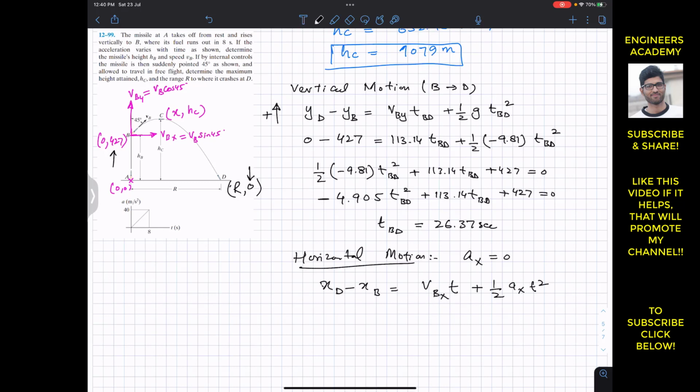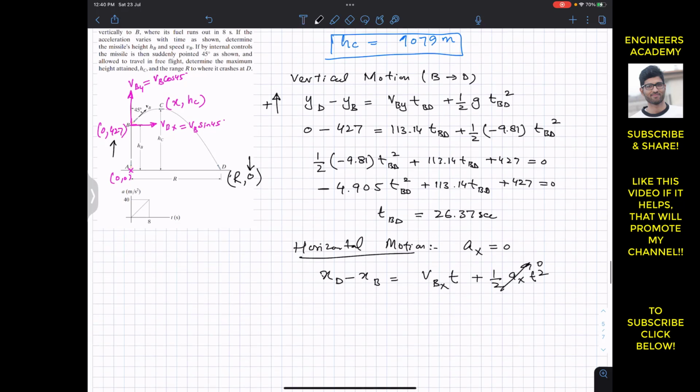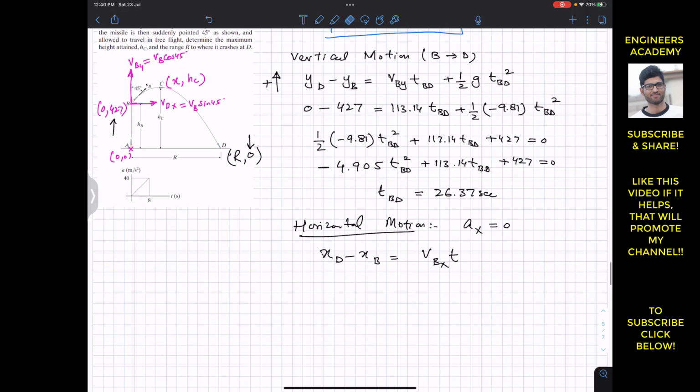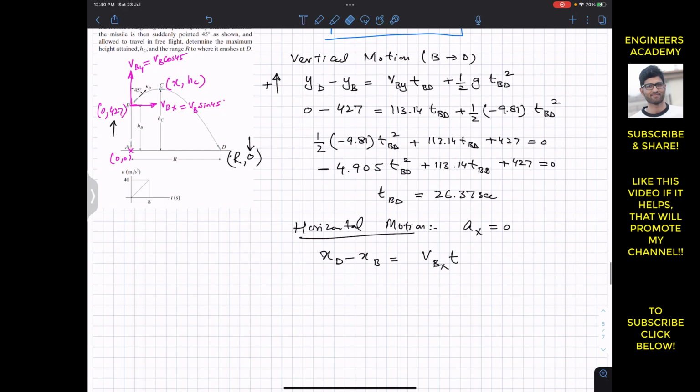Since ax is 0, this term will become 0. So we are left with this equation. The x coordinate of the projectile at point D is r, so xd can be replaced with r, and the x coordinate of the missile at point B is 0. So this is r minus 0.